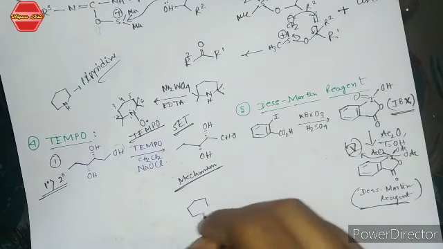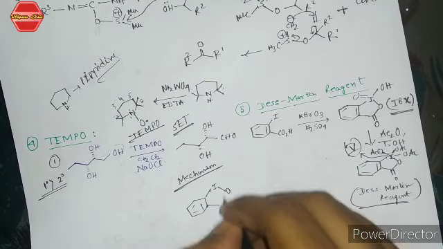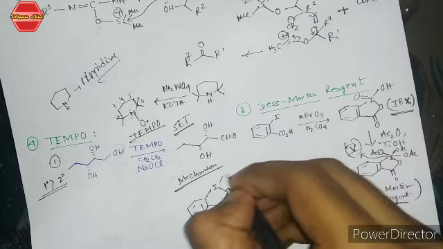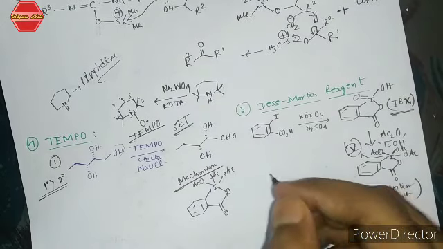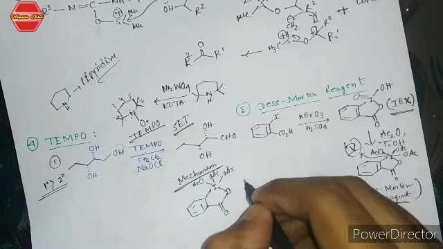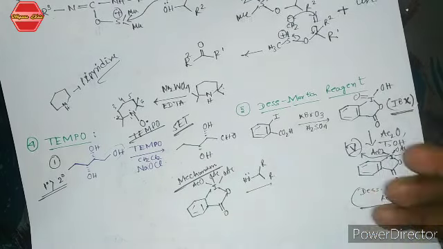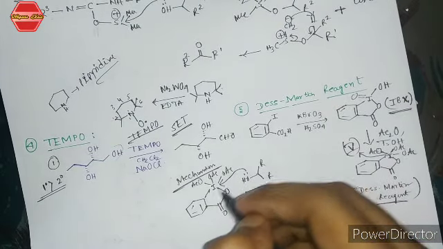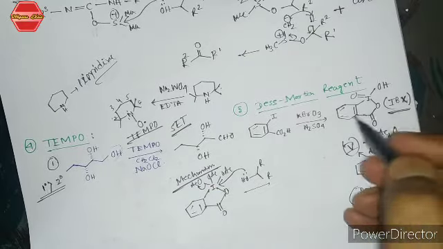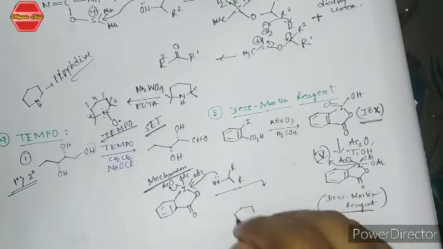Now we are taking this iodine with 3 OAc over here, and if we take R, R, this secondary alcohol, the oxygen's lone pair of electrons will attack the iodine center, and this OAc will leave from the system. Now after that there is a formation of this thing.